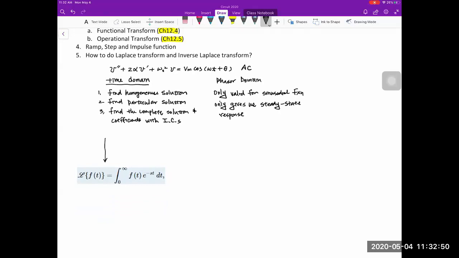This one is called the Laplace transform. Laplace transform gives us another domain. So this domain is also called a frequency domain, or another way you can say this is an S domain. So this one is going to give us an S domain.